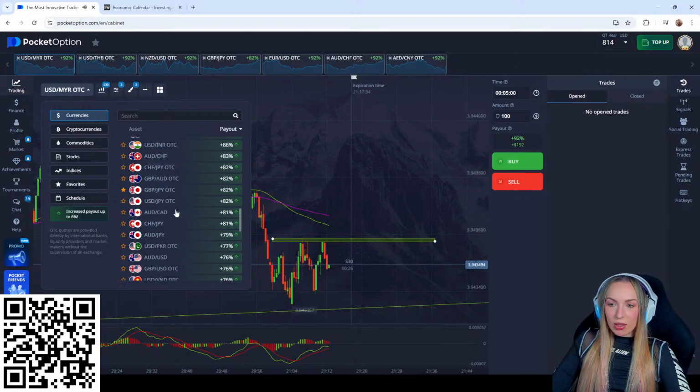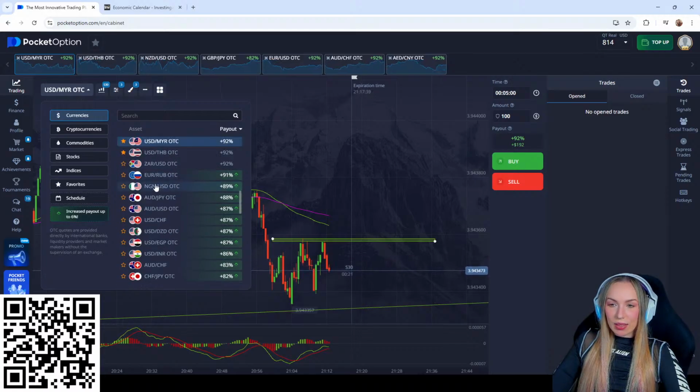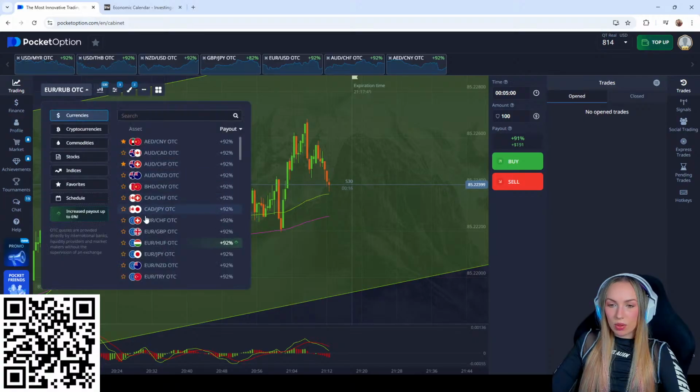And now let's go. I don't want to go lower than 80%. Maybe let's check this one. Euro ruble. Oh, actually I checked this one already. Okay, and I close it.